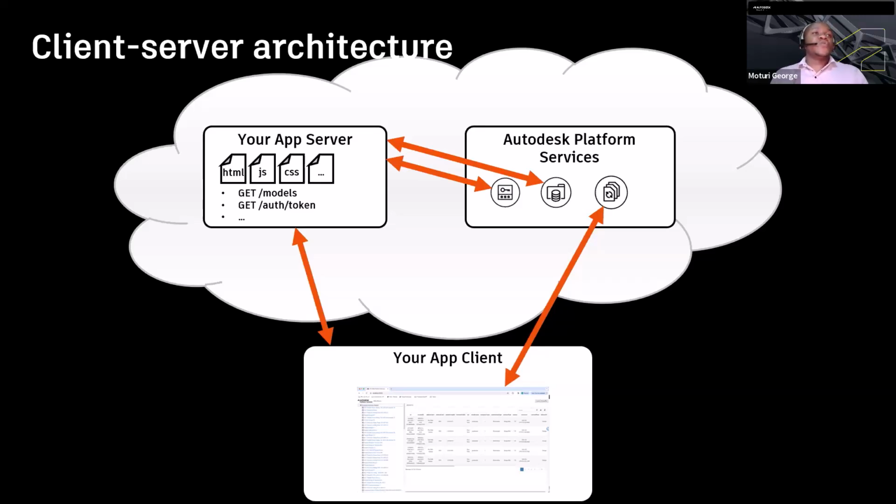Of course, we're going to start with getting an access token. Then using the access token, we'll get our hubs. Then we'll get our projects. Once we have the response, we are going to render the response via the HTML into our web page so that we can display the same.